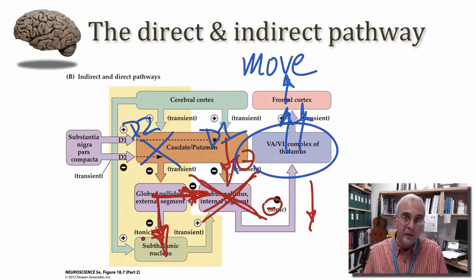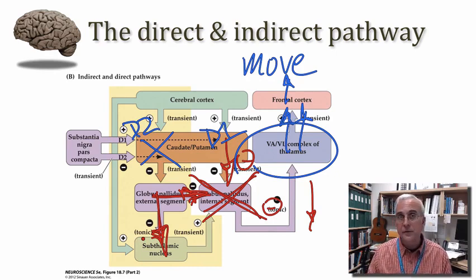So you see, in the presence of dopamine, the direct and the indirect pathway become synergistic partners for the facilitation of movement. And we'll talk about in just a few minutes the impact of Parkinson's disease, which involves a loss of dopamine. And I think now you should appreciate how important dopamine is for the synergistic function of this circuitry of the basal ganglia.